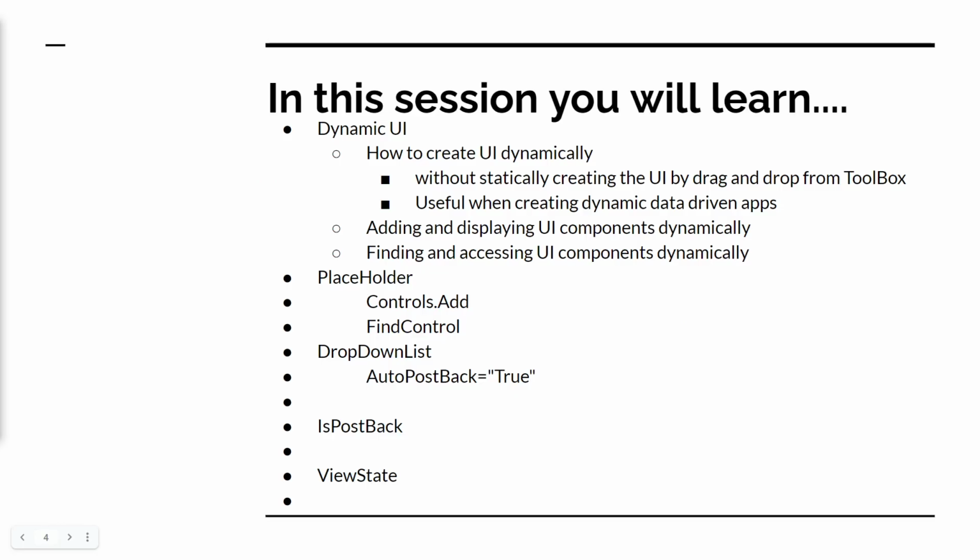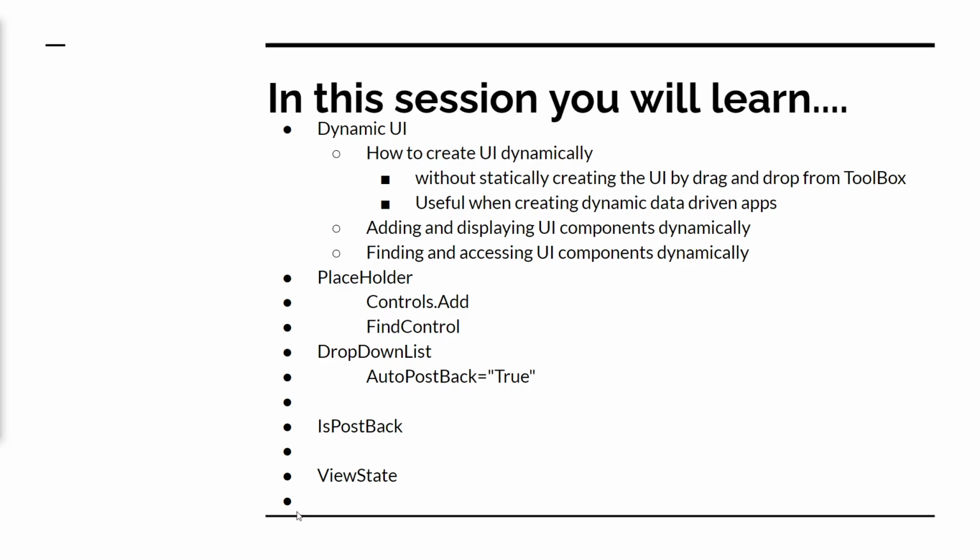To find that dynamically, what we have to do is find and access the UI component. For that, we have to access the placeholder, and there's a method called FindControl. But then to find the control, we need to know what the control is. It can be a radio button or checkbox.